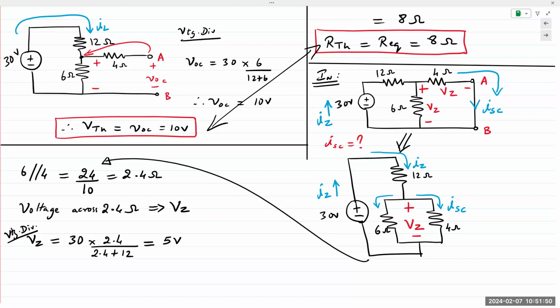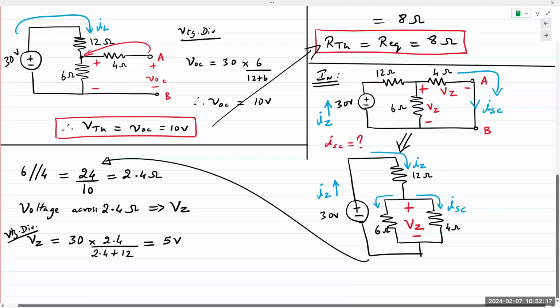But here's the point. What if one of our answers was incorrect? If either the 10 volt or the 8 ohm answer was incorrect, then the third quantity, if you have tried to apply the shortcut and we're trying to find the third quantity, that would also be incorrect. That is another reason why we need to be able to analyze all three quantities independently. But in this case, it allows us to predict or at least know what our answer would be.